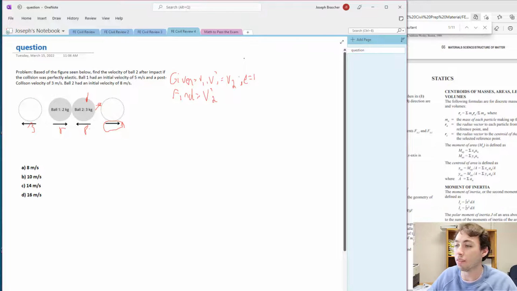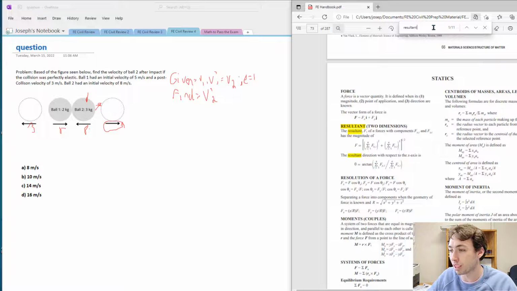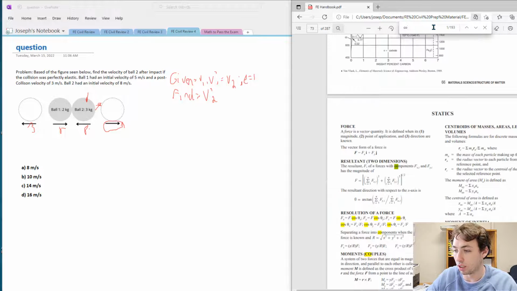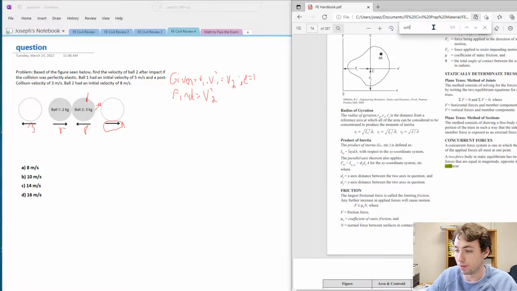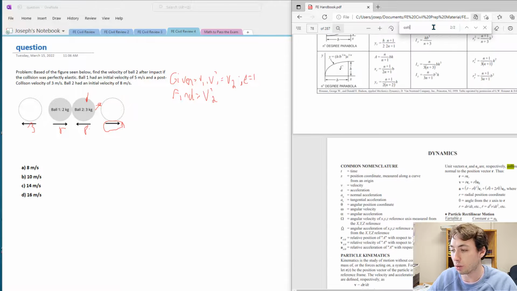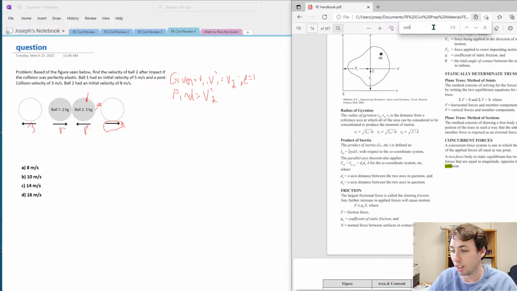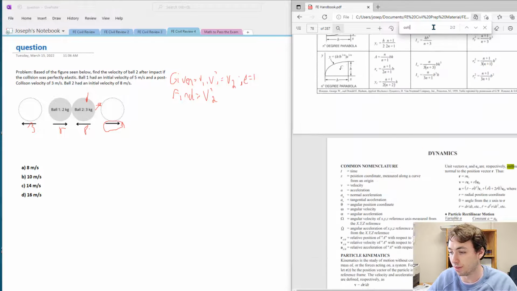So let's go over to the FE manual and let's look up collisions. And let's see what we can find here in the dynamics section.